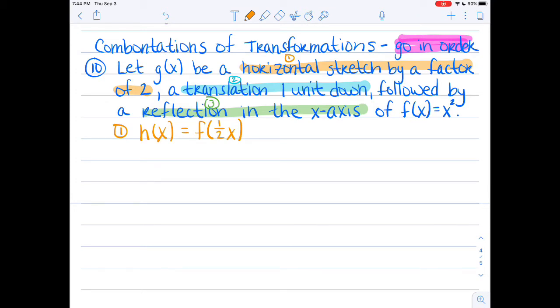Now, we started with the parent function of just x squared, so I'm going to plug that in, and remember that the 1/2 goes with the x, so 1/2 x is going to go inside a grouping symbol. The squared needs to go outside because we have to square both the 1/2 and the x.